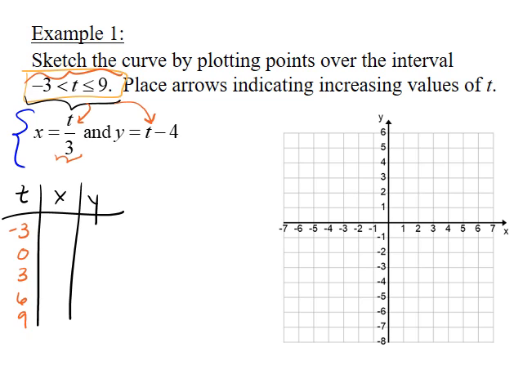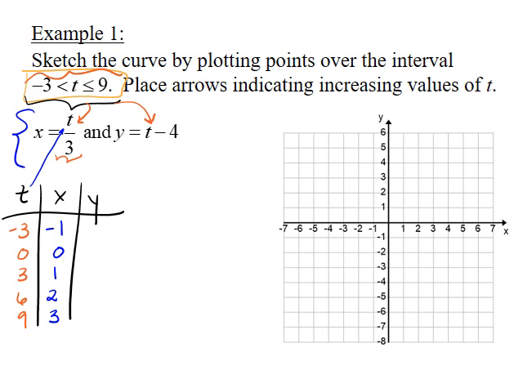So when I plug t in here, -3 divided by 3 is -1, 0 divided by 3 is 0, 3 divided by 3 is 1, 6 divided by 3 is 2, 9 divided by 3 is 3.